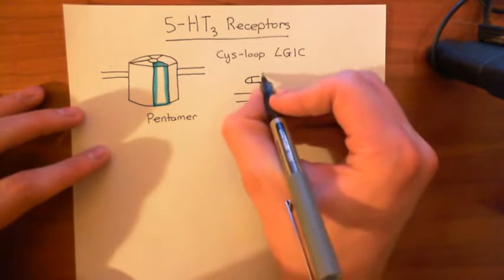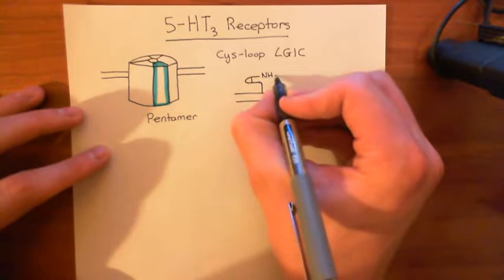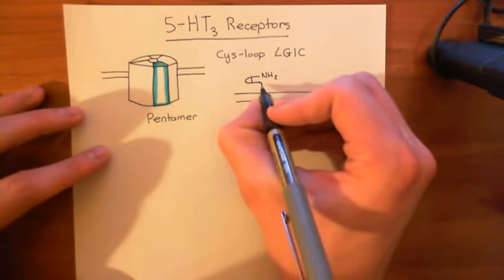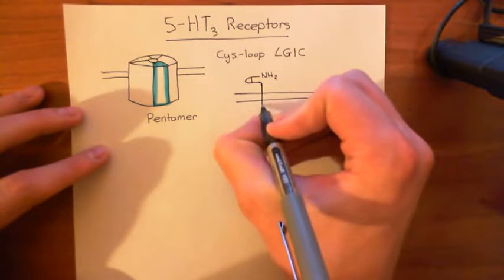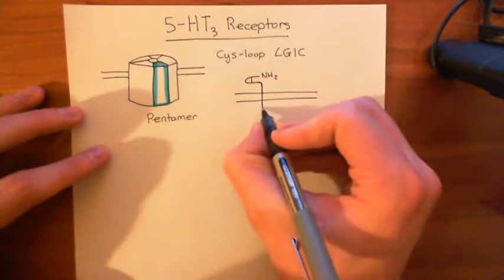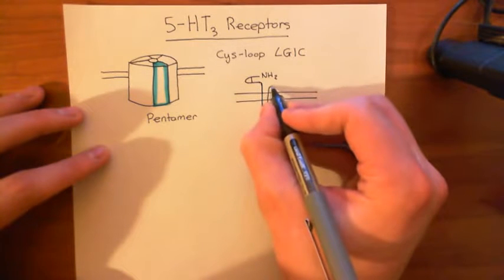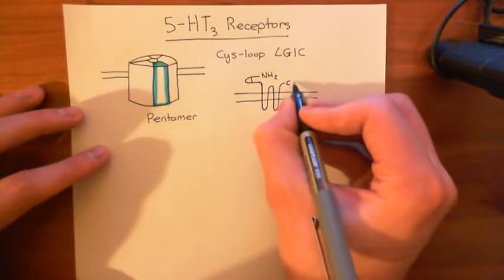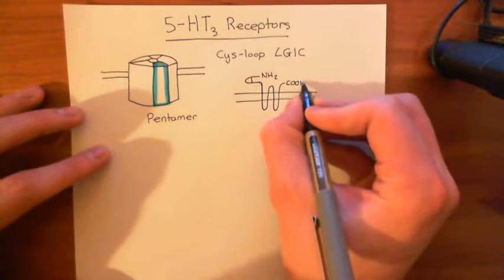I'll start off with the amino terminus. So here's the amino terminus of the protein. Then it goes through this cis loop. Then it begins to span the membrane, so it spans the membrane once. It then spans the membrane a second time, and the third time, and the fourth time. And then here is its carboxyl terminus.